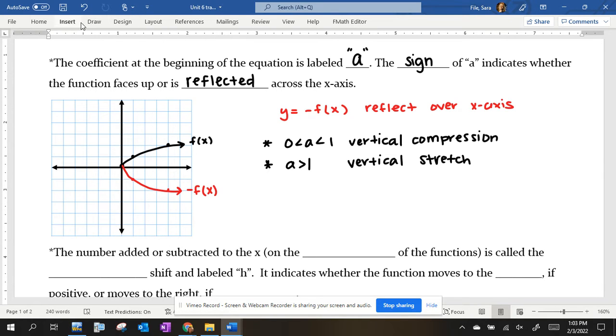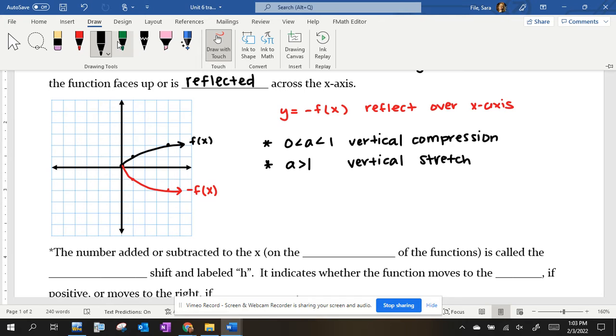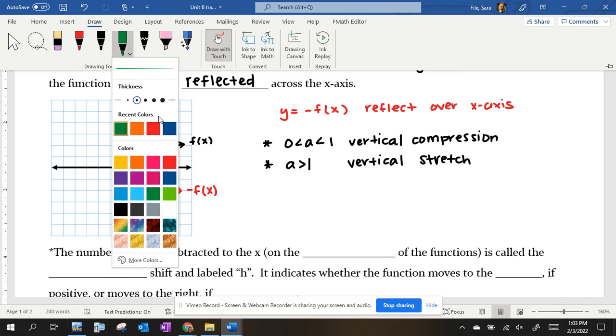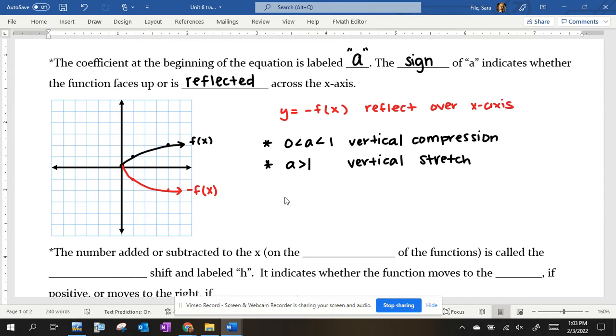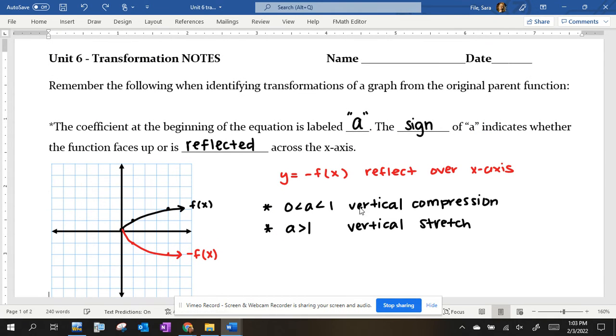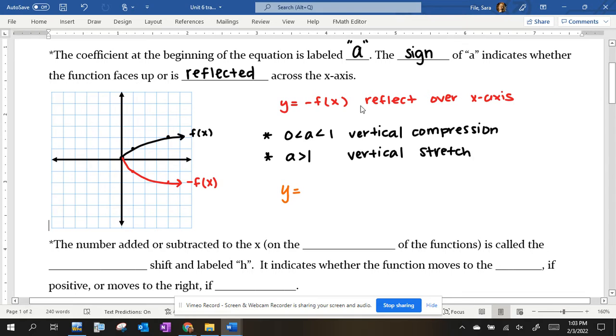All right. Now, since we're talking about a reflection here, I'm going to go ahead and put some other information in the same section just as reference. So what do you think happens if there's a negative, but it's not outside the function? It's not the a value that's negative. What if it's inside the function? It's the x value that's multiplied by a negative. Let's think graphically.